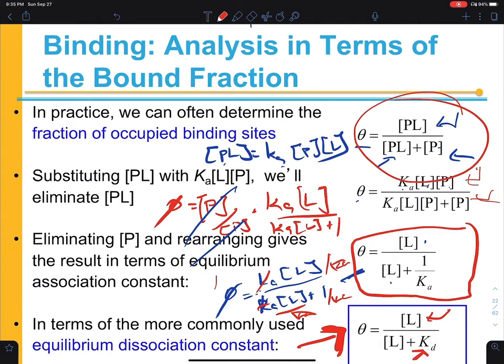So here we are able to define the amount of protein that is bound to the ligand solely as a function of ligand concentration, at least at a constant concentration of protein. This is a beautiful thing. We've gone from three variables, which would be impossible to figure out, to just one variable, the ligand concentration, and a constant, which is a function of the nature of the interaction between the protein and the ligand.